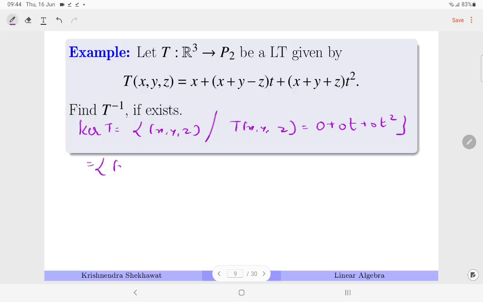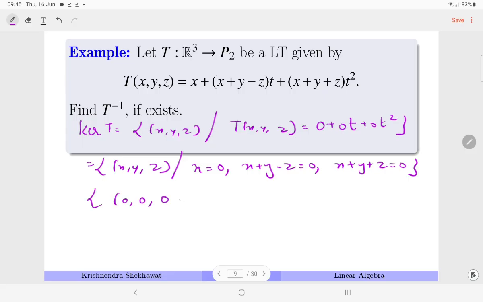And this means that x is equal to 0, then x plus y minus z is equal to 0 and x plus y plus z is equal to 0. Solving this, you will get x is equal to 0, y is equal to 0 and z is equal to 0. This implies T is 1-1.